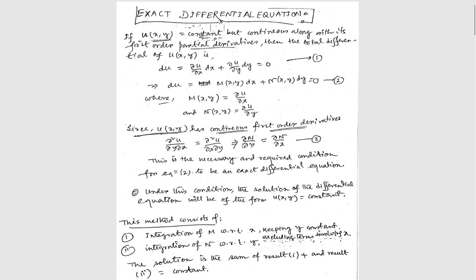So this is the necessary and required condition for equation number 2 to be an exact differential equation. How do we check or test whether a given equation is exact or not? First, we have to write the given equation in the form M dx plus N dy. Then calculate ∂M/∂y and ∂N/∂x.